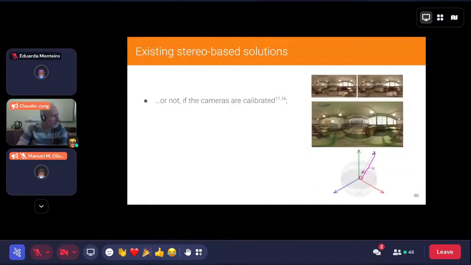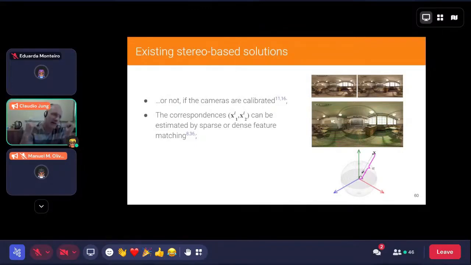If the cameras provide some kind of alignment, as in the gravity alignment problem that I mentioned before, then you know that the displacement must be in a certain direction, and then you can exploit these constraints to improve the matching process, which is required to refine the pose and get the correspondences for depth estimation.